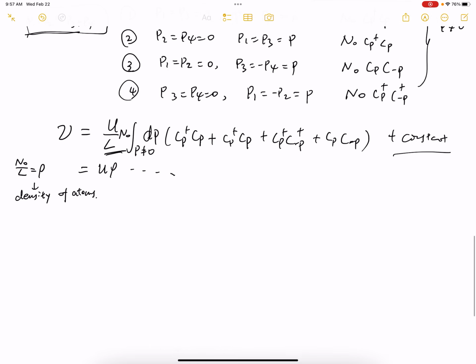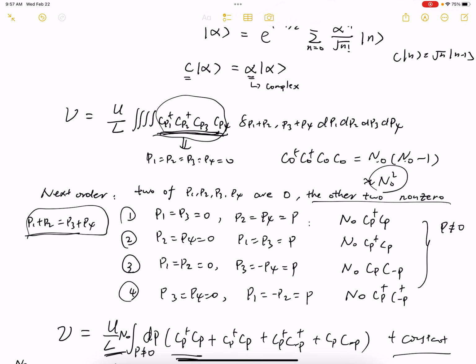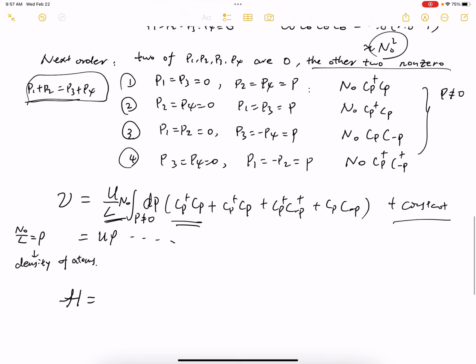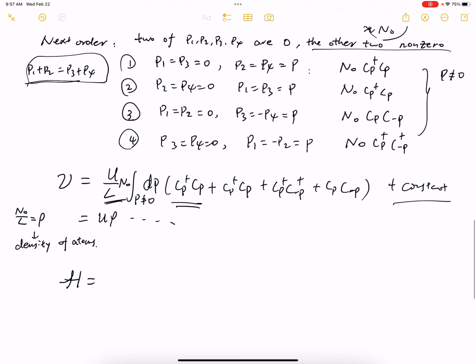So this means we can now write the full Hamiltonian here. Everything is now written in the creation and annihilation operators in momentum space. And this whole approximation we made basically simplifies this quadruple integral to just a single integral over P. And all these terms are actually quadratic. So the whole Hamiltonian is given by integration over P not equal to 0. And then we have the kinetic energy, which is P squared over 2m, plus the potential energy here.